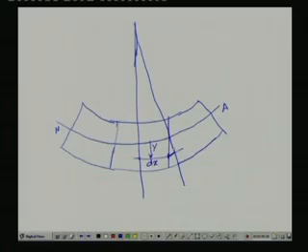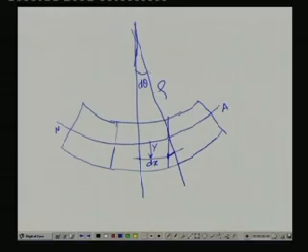Now, when it has come to this bent shape, let us consider that this particular line has a radius of curvature, which we consider to be rho, and this angle we consider to be a small angle d theta.